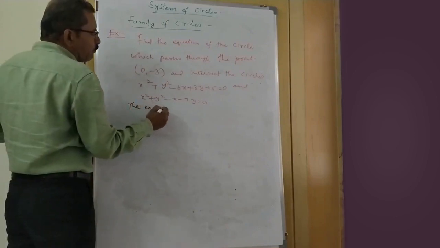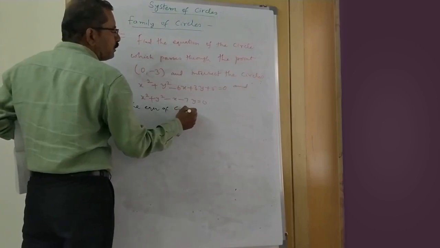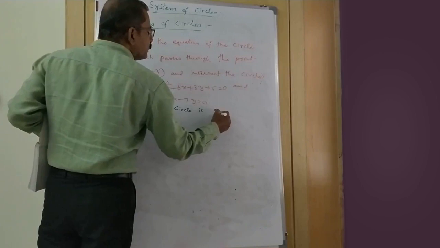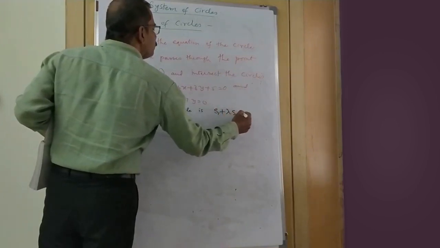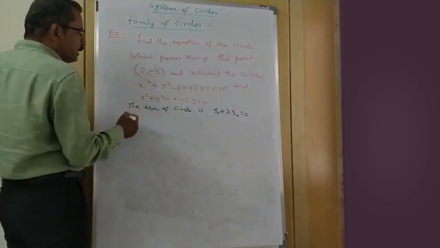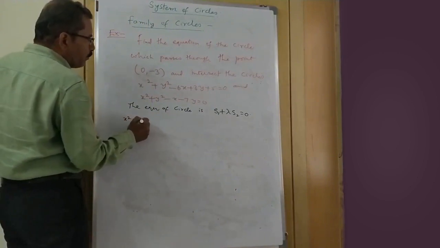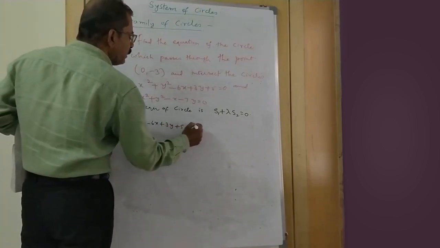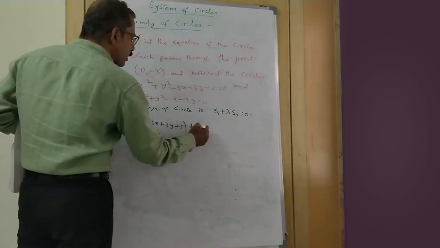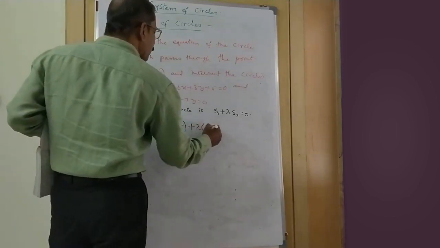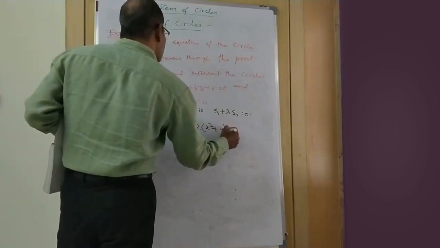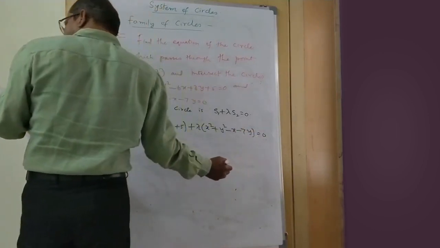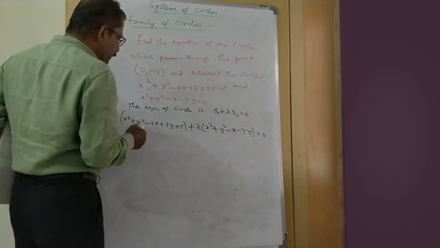The equation of the circle is S1 + lambda S2 = 0, that is x² + y² - 6x + 3y + 5 + lambda (x² + y² - x - 7y) = 0. Right.